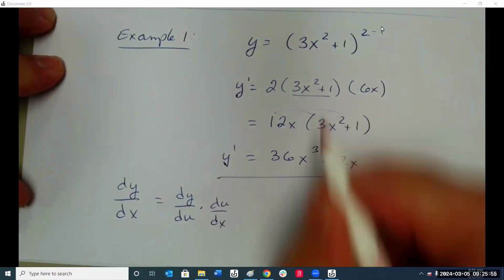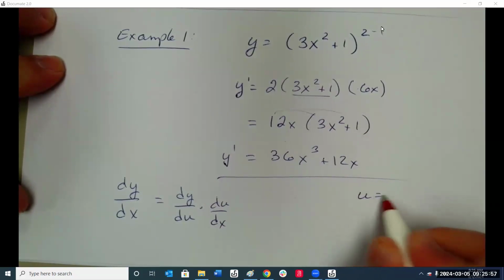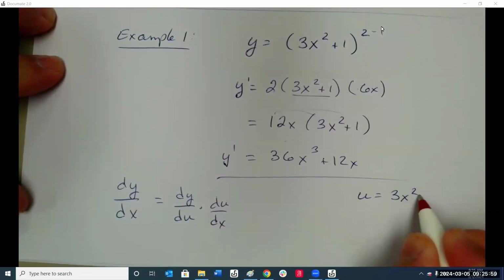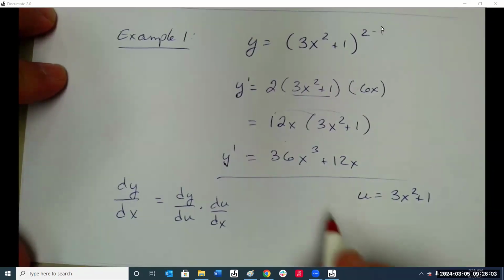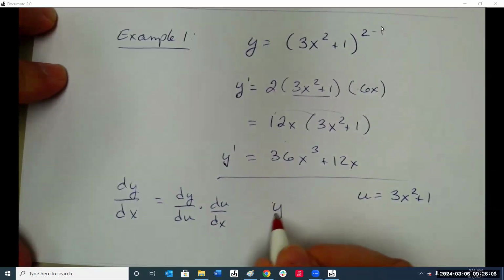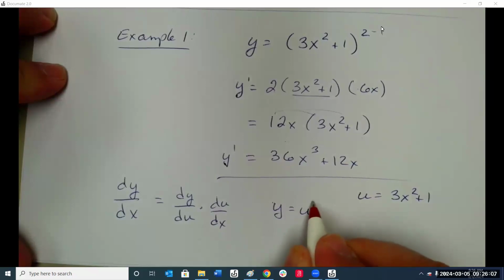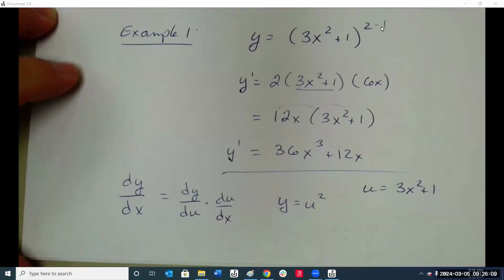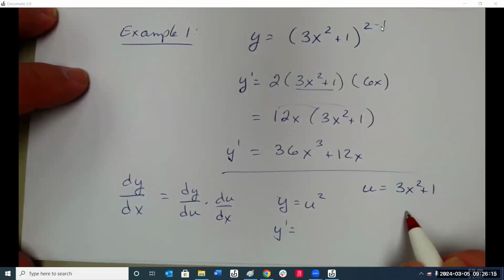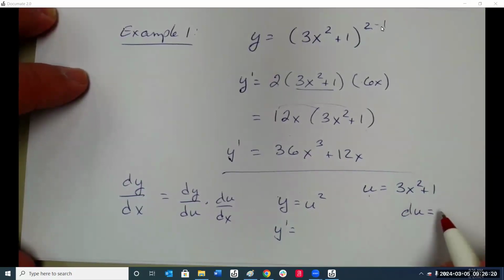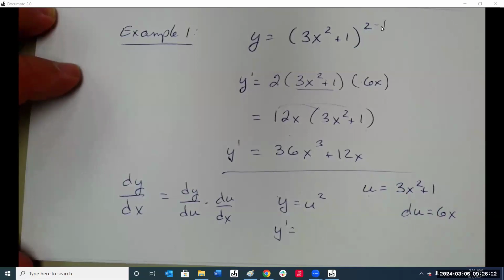So in our example here, we would say that u is equal to 3x squared plus 1. So we have y equals u squared. The derivative, well, we also have to find du. What's the derivative of u? 6x.